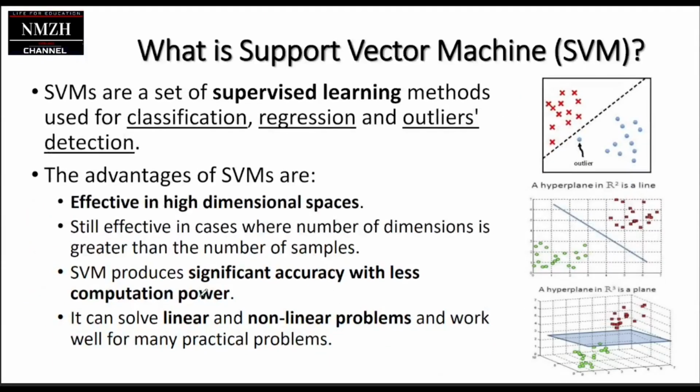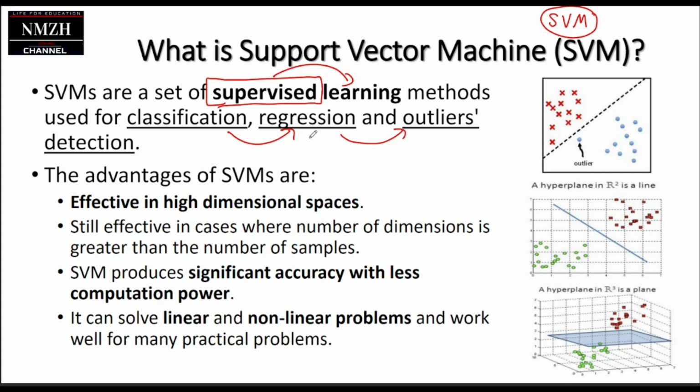Now, what is the support vector machine? In the normal perspective of the machine learning context, we can easily see that SVM is a topic that has been discussed widely. SVM is the support vector machine, a set of supervised learning methods, whereby it could do classification, regression, and outlier detection.